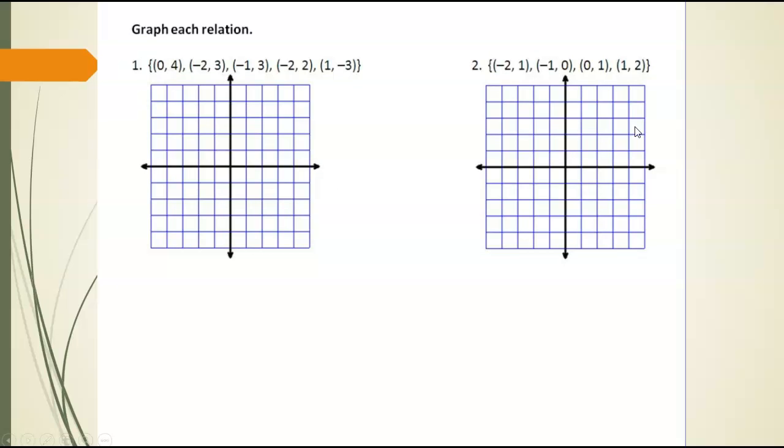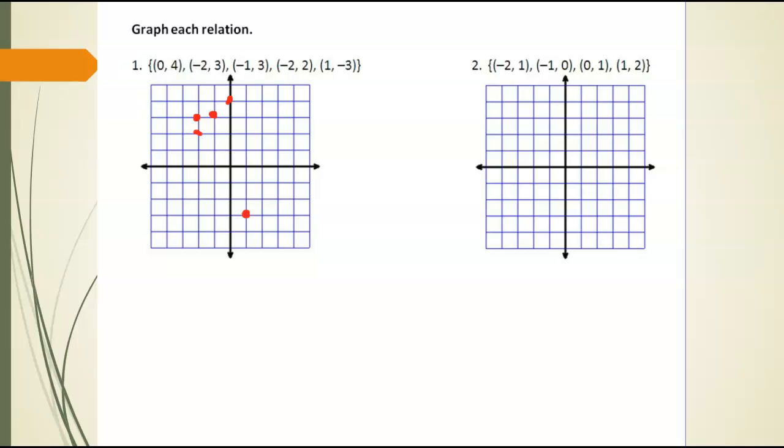So we could be given a set of ordered pairs and told to graph each relation. So the points 0, 4, -2, 3, -1, 3, -2, 2, and 1, -3.